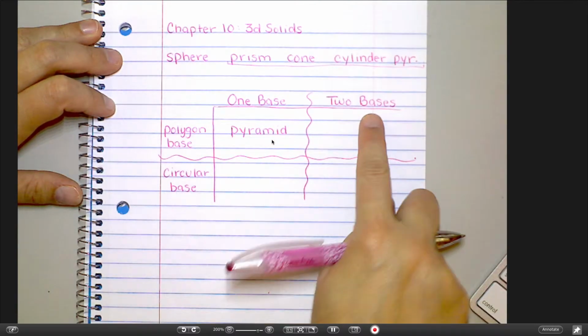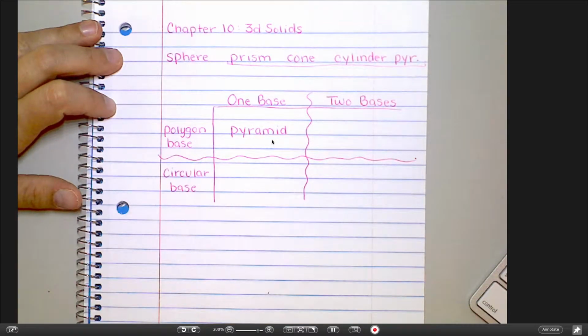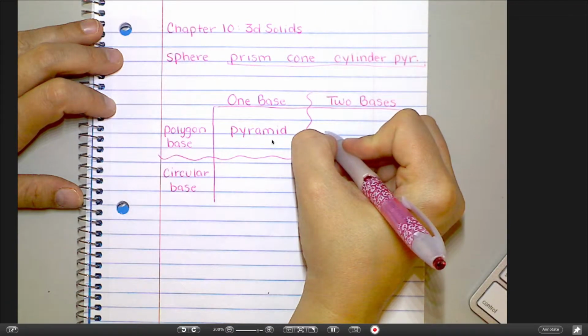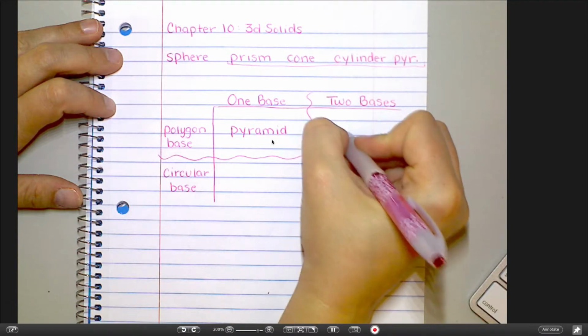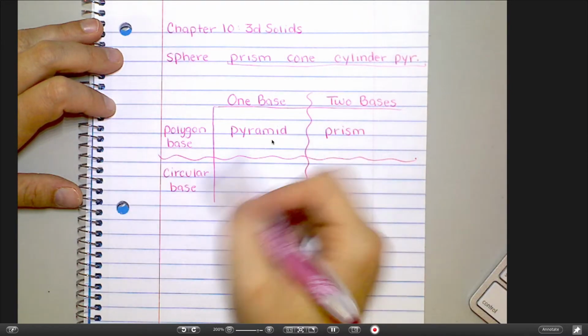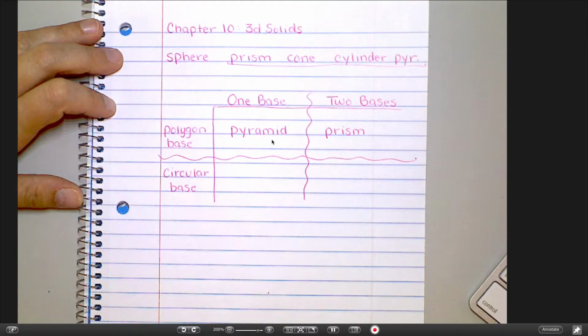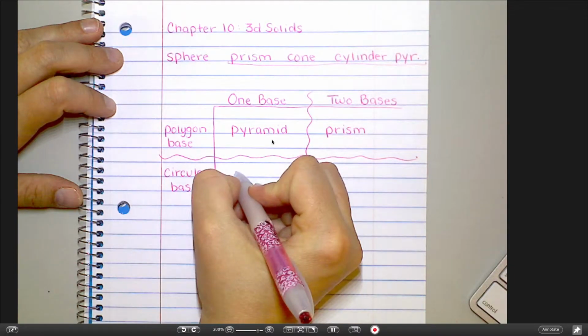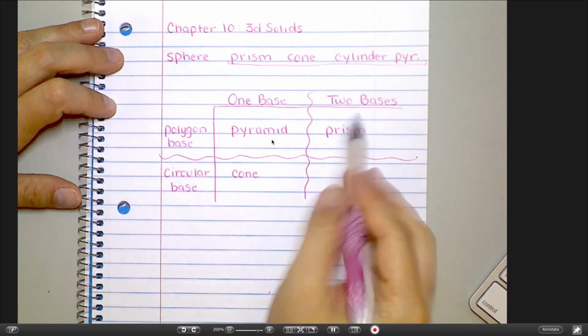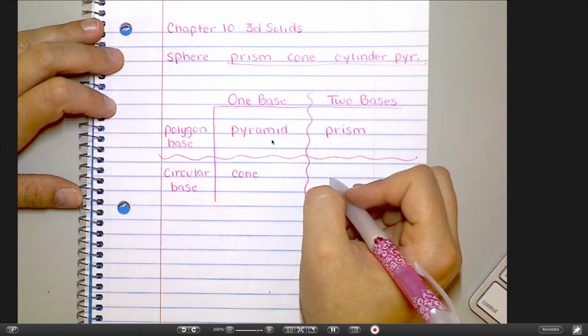Which one has 2 bases that are polygons? Prism, yep. What has 1 circular base? Cone, good. And what has 2 circular bases? Cylinder, good.